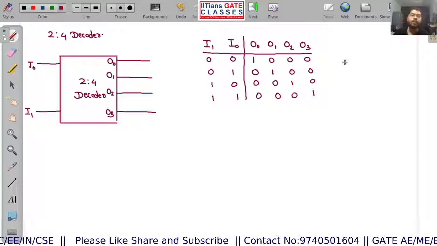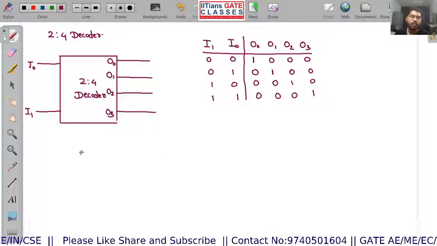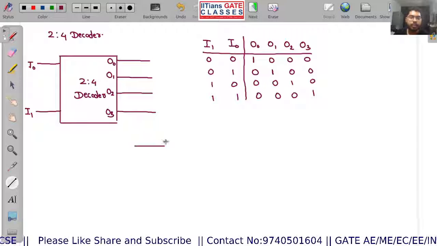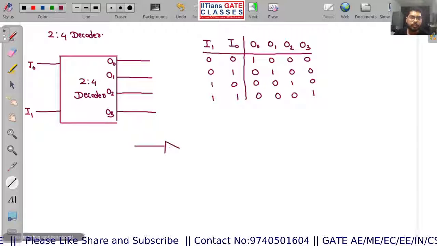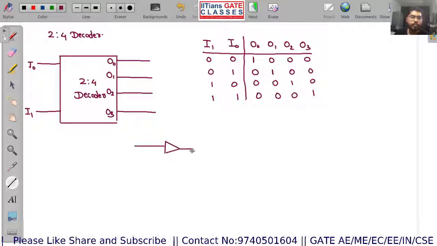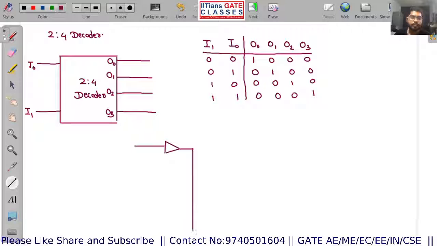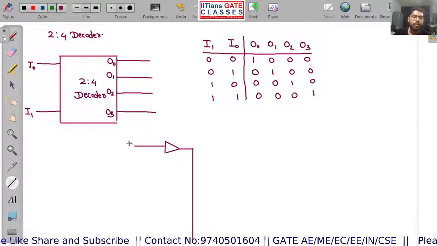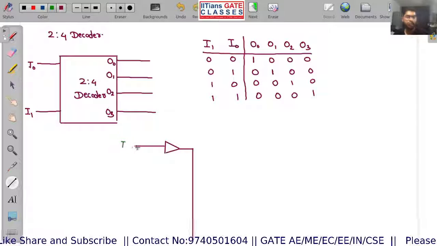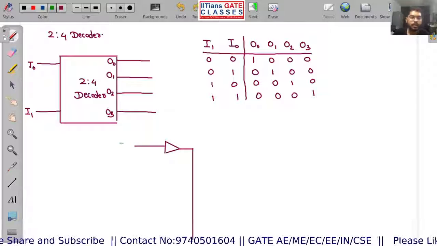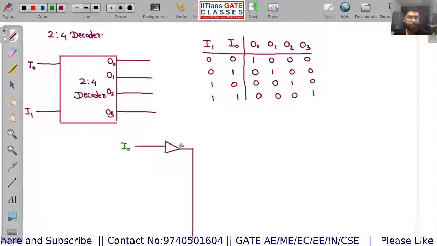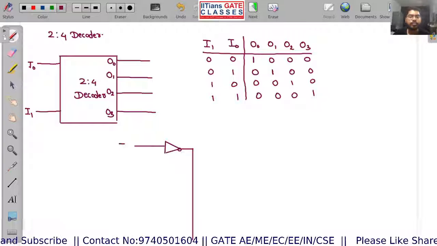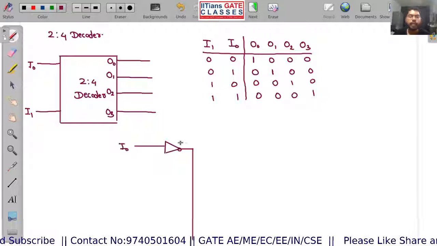So now if I make this using basic gates, how am I going to do it? Very simply, look. This is my I0, and this is I0 complement.